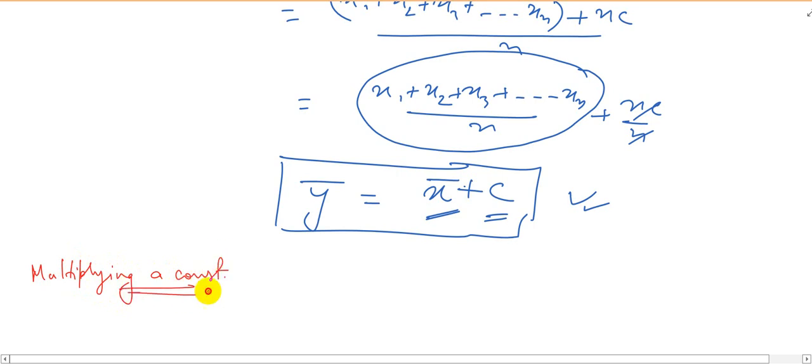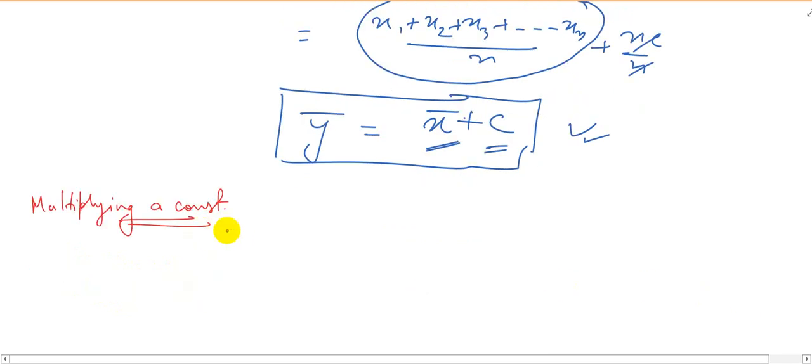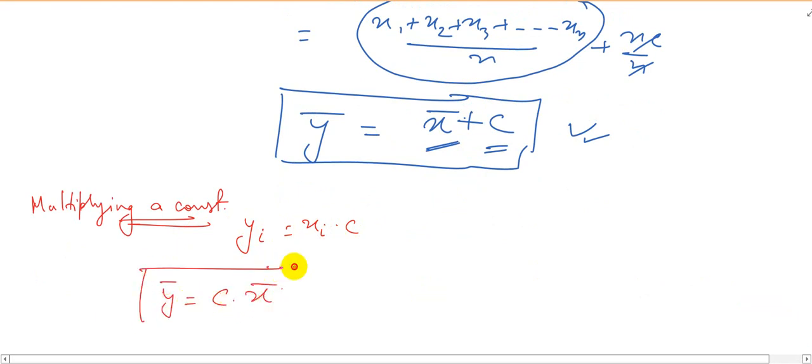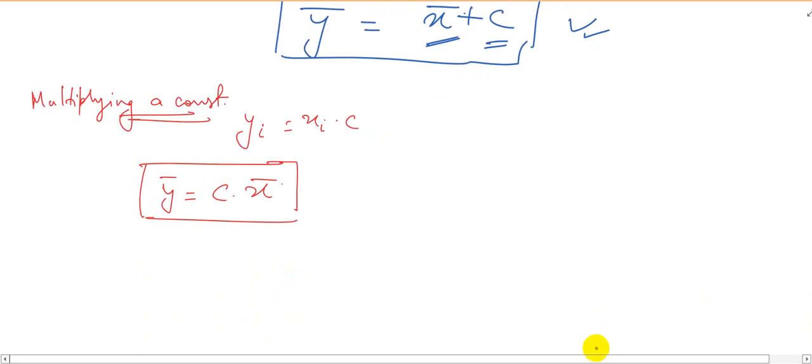If all the values become yi equal to xi into c, then y dash is equal to c times x dash. This is the point to be remembered. Let's move forward to the next measure, which is median.